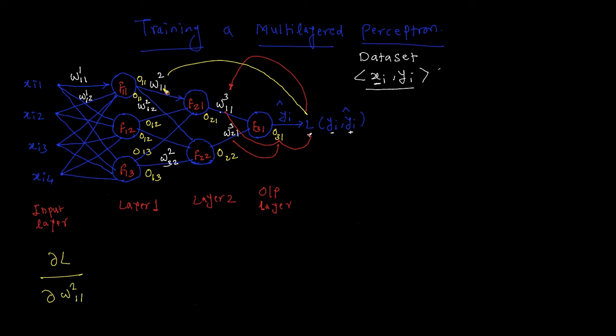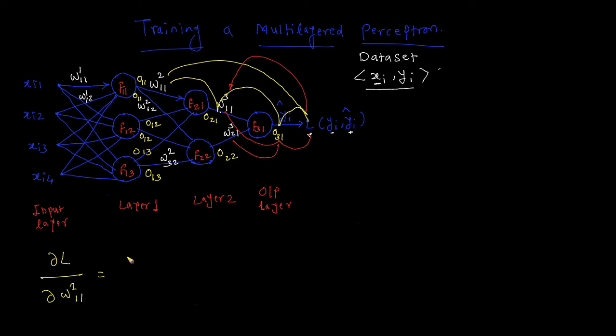In order to compute this derivative, I will compute the derivative of loss with respect to O31, and O31 is computed with respect to O21, and O21 is then computed with respect to W211. So this is the path I will be following.